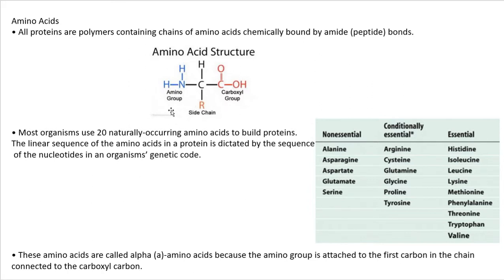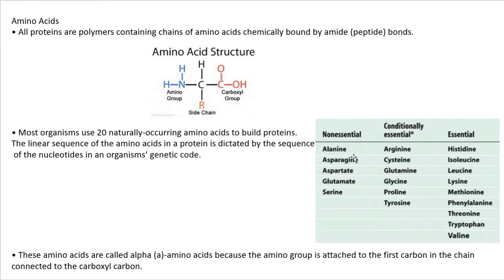What makes the change? The change is made by the side chain that can be different, and according with this you have 20 natural occurring amino acids to build proteins. The linear sequence of amino acid in protein is dictated by the sequence of the nucleotides in an organism's genetic code.